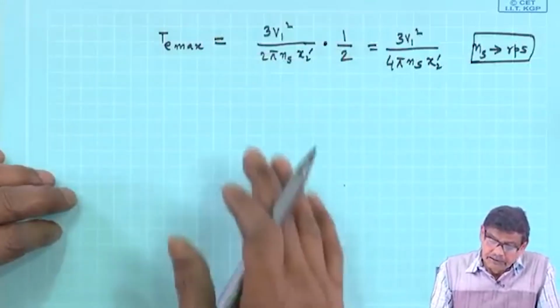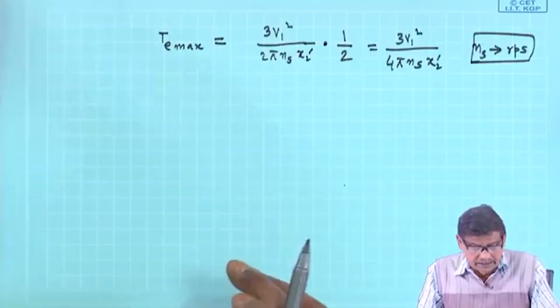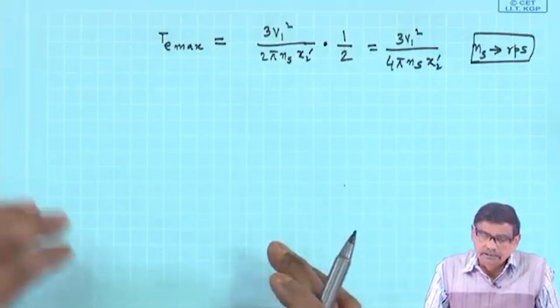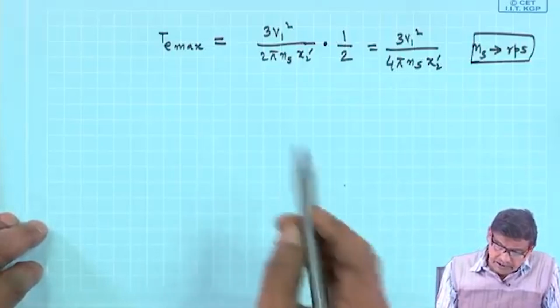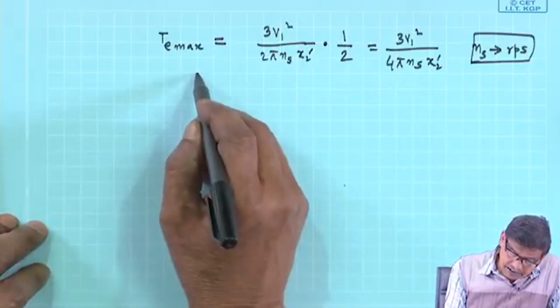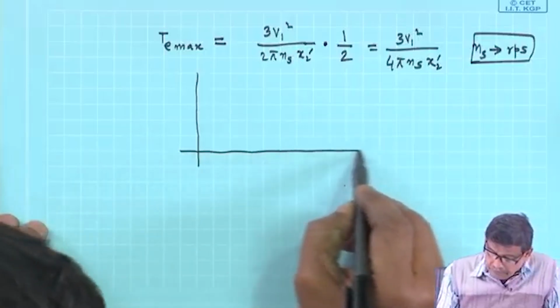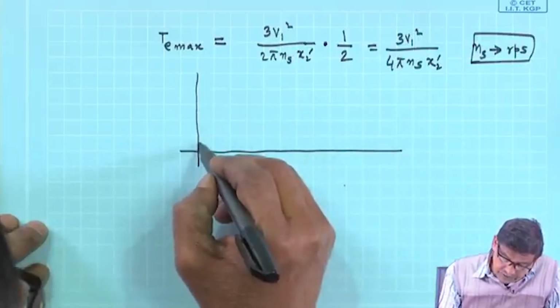So, that is the thing. Therefore, you can use this equivalent circuit as a first approximation to find out the machine performance, and you can easily show that the torque slip characteristics I got earlier can be just drawn.